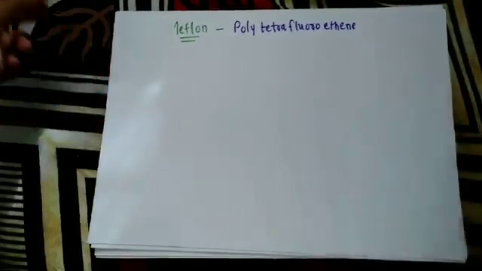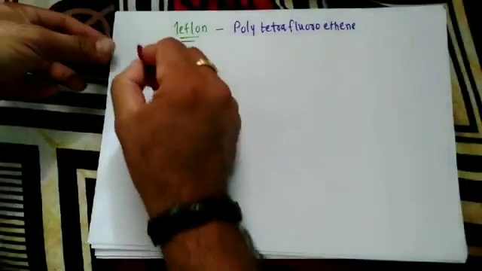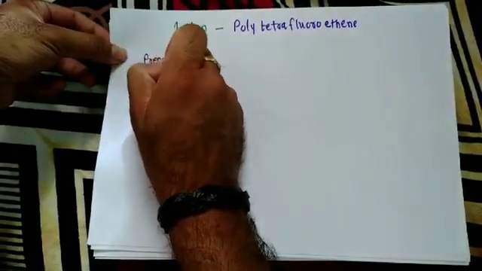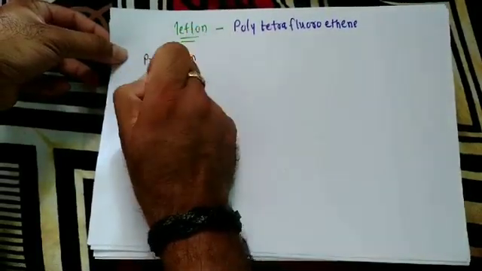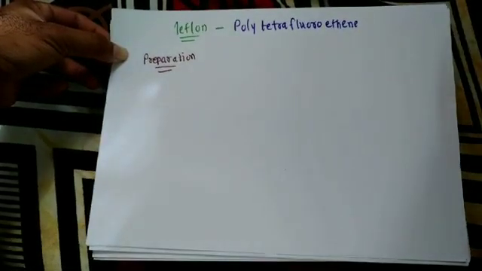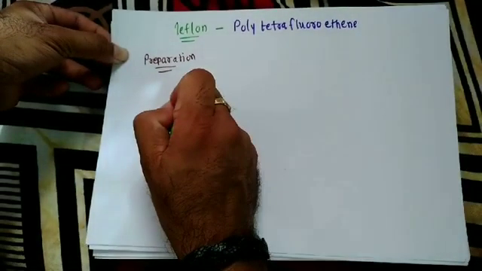First of all we will discuss the preparation of Teflon. Teflon is prepared from tetrafluoroethene.